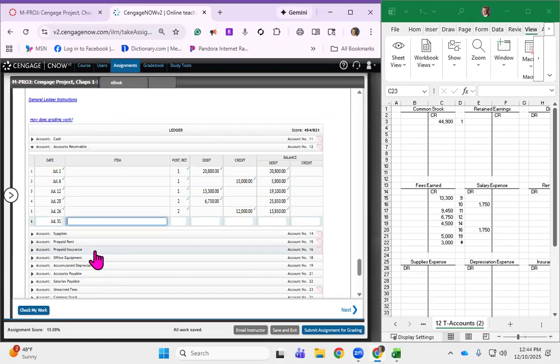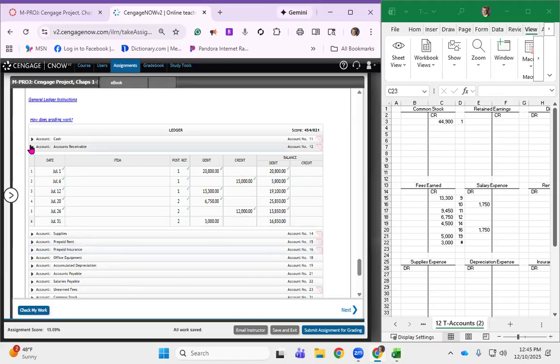Put July 31st, page 2, and yes, we're putting some in here. So we're going to add 3,000 to the remaining balance. So I got 16,850. Okay, just for fun, because my brain is starting to get a little mushy, I'm going to add that together. Yes, 16,850, just fine.